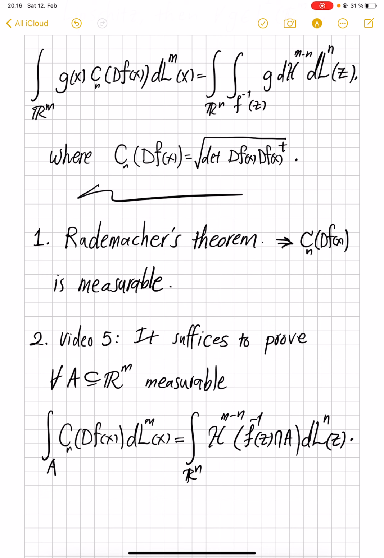So if we prove this, then we will have the full version by approximating arbitrary g with summation of characteristic functions.